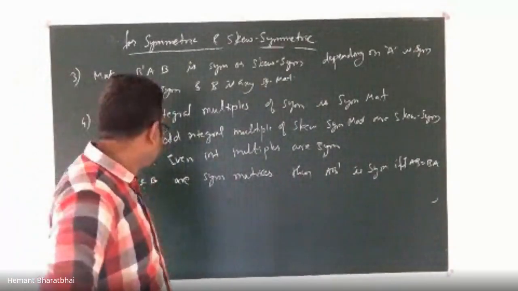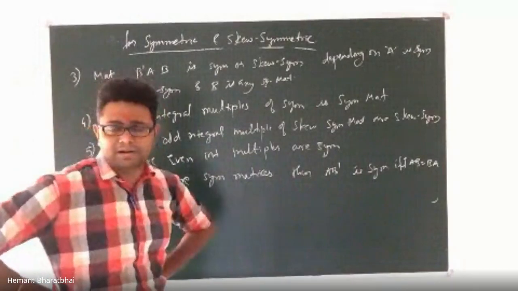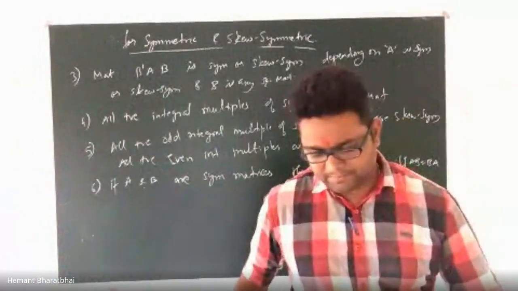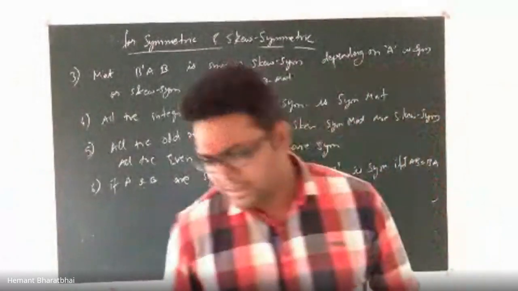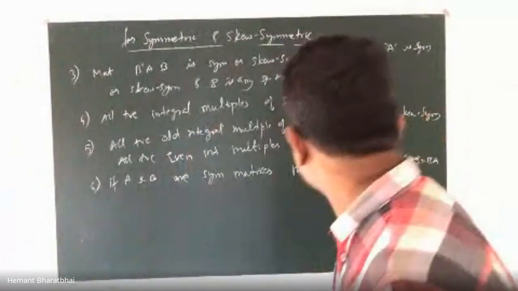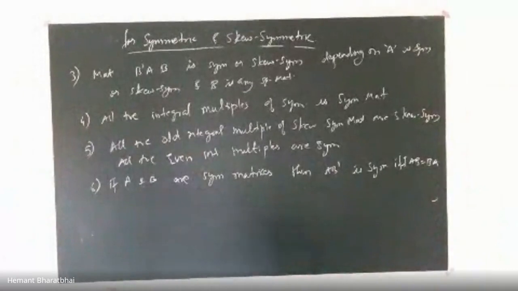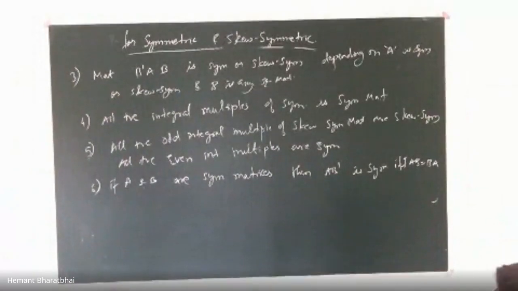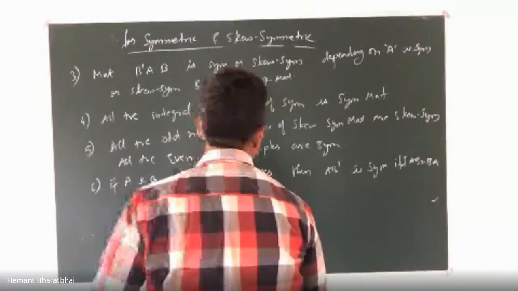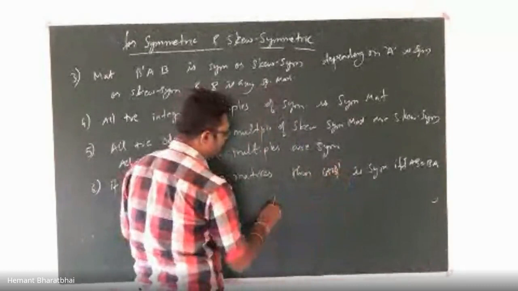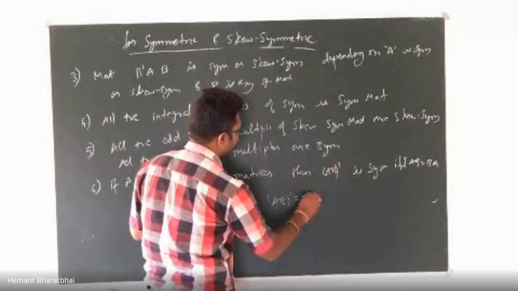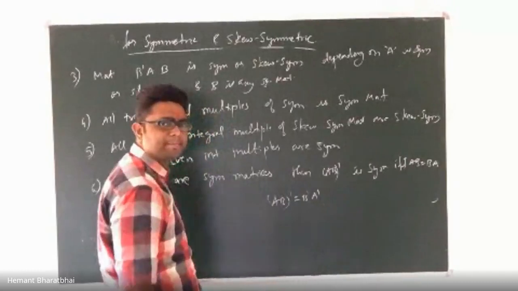So if A and B are two symmetric matrices, and if I multiply them, then we know the product is going to be symmetric only if, and that is if and only if, AB is equal to BA, because there I have written transpose. We know AB, the whole transpose, is equal to B transpose into A transpose.